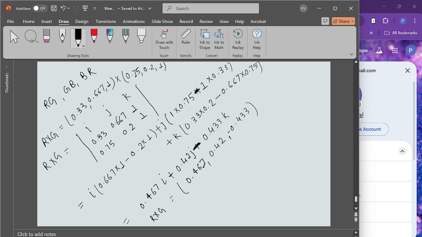Similarly, you can calculate G cross B also. So G cross B is 0.75, 0.2 and 1 multiplied by 0.1, 0.1667 and 1. Similarly, for that, you will get the values 0.033, minus 0.65 and 0.105.